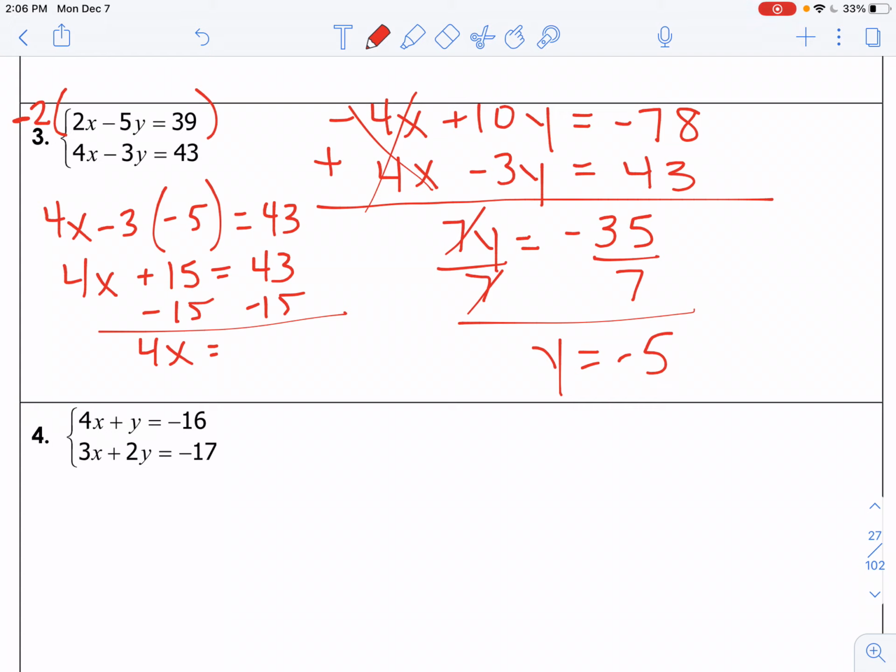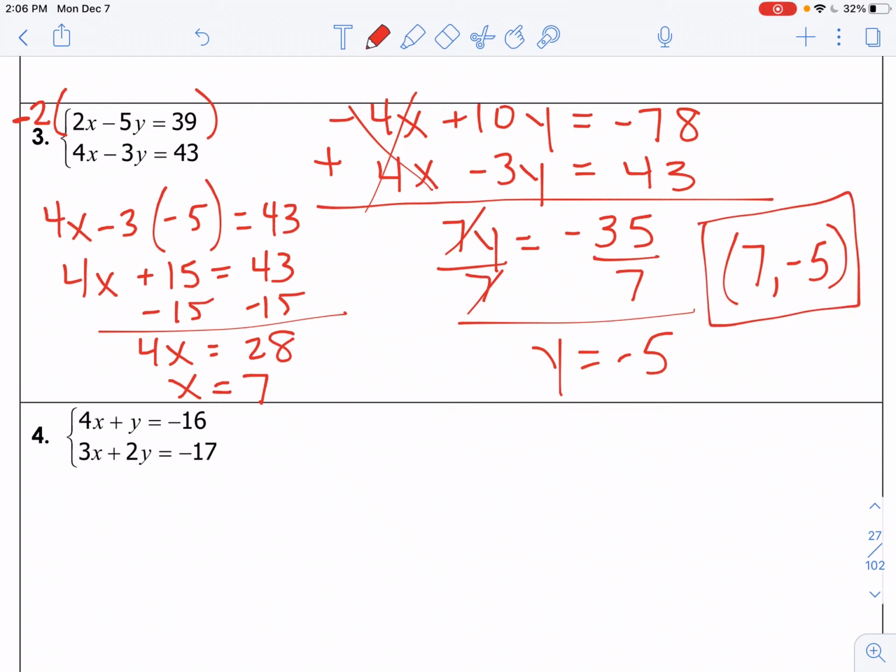Let's see, 43 minus 15 is going to give me 28. And divide by 4, x equals 7. Okay, so my ordered pair solution is 7, negative 5. And remember, you can plug those back in and check them to see if they work.